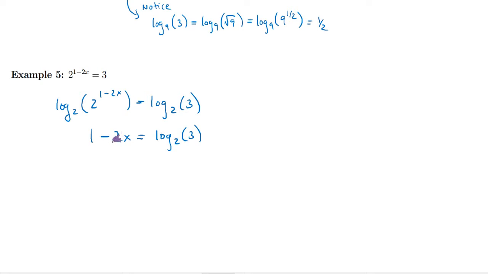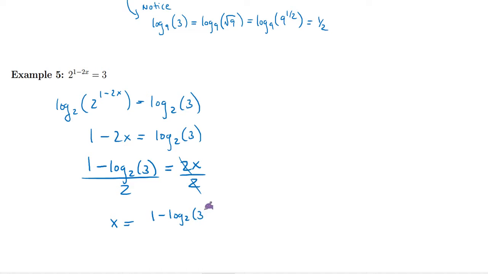Okay, so now we're trying to solve for x, right? So let's bring the 2x over here and subtract the log over here. So we'll subtract these, and we'll add the 2x over here, and now we'll divide by 2. And so x, these cancel, and then I'm just left with this expression: 1 minus log base 2 of 3 over 2.